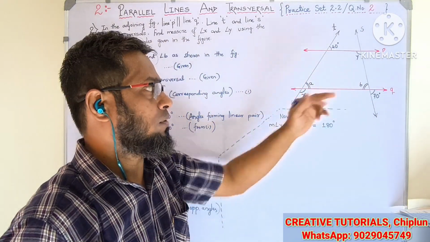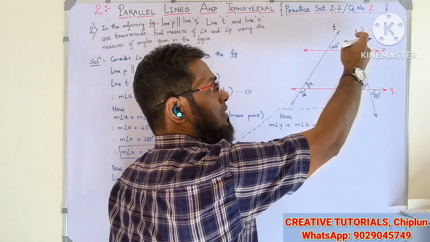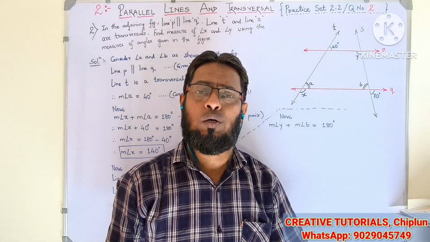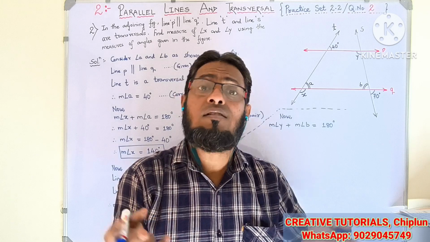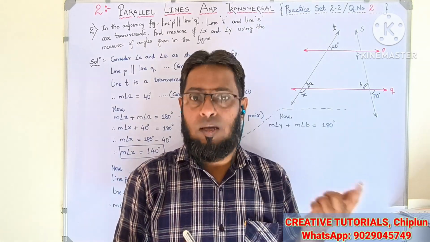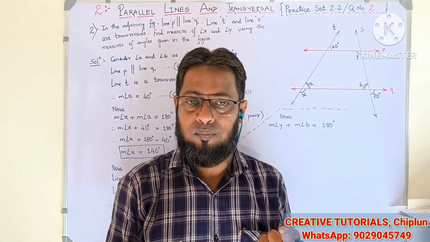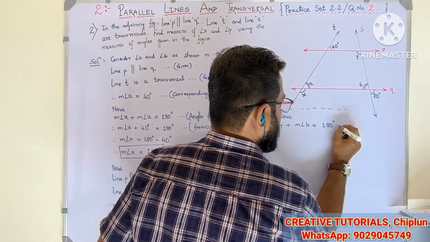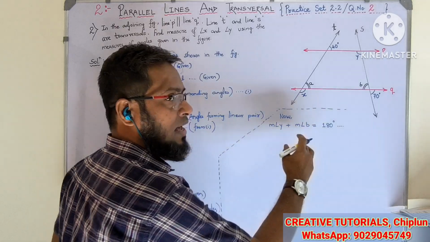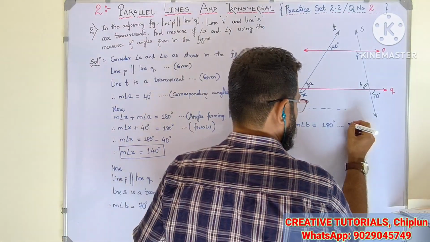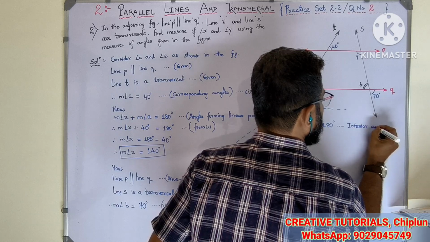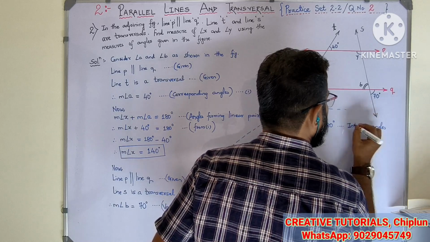So remember that property: whenever we have two parallel lines and one transversal intersects them, interior angles so formed are supplementary. Our third property, if you remember, I had taught you in my previous video. So we will see that these are interior angles. So reason is interior angles.